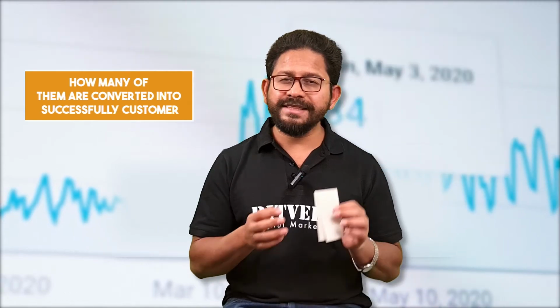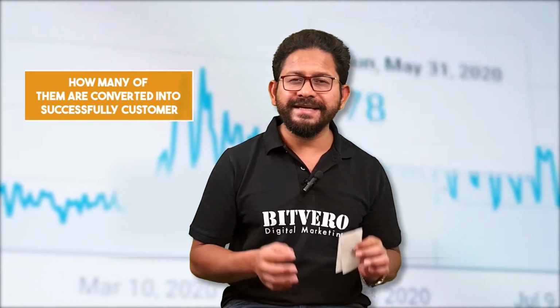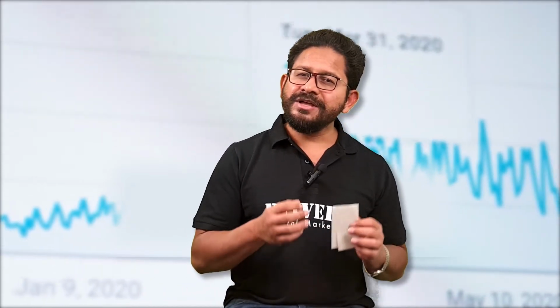Are they converting into customers, are they calling you, or are they bouncing from your website? Which channels are they coming from, direct, social or organic, and whether they are opening it on desktop or mobile.